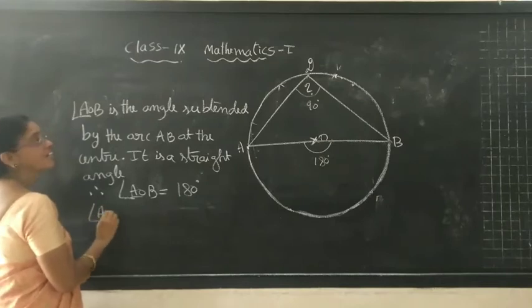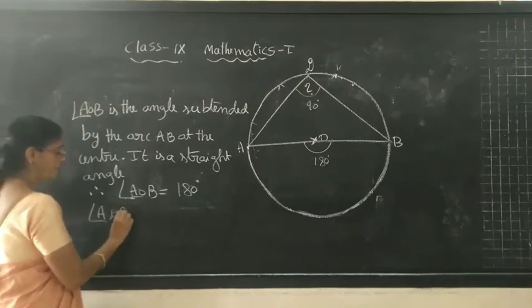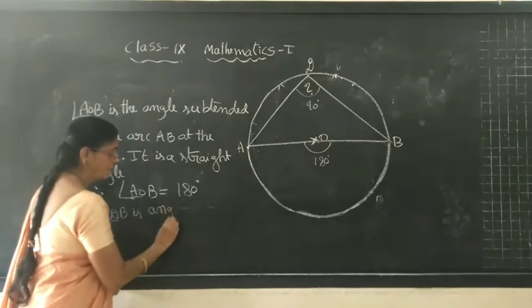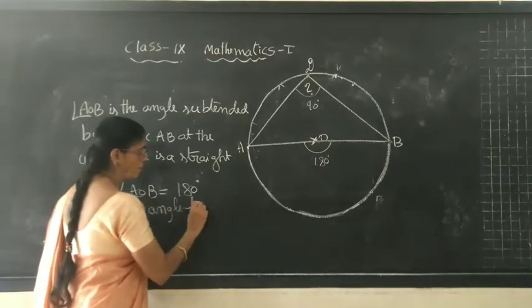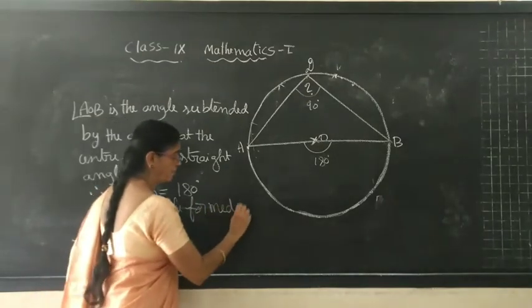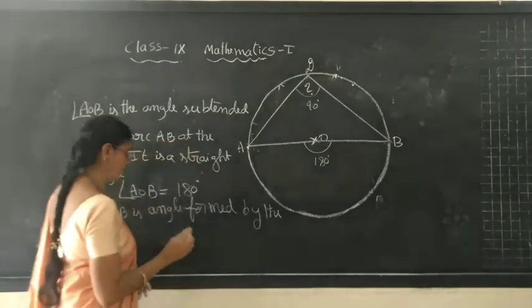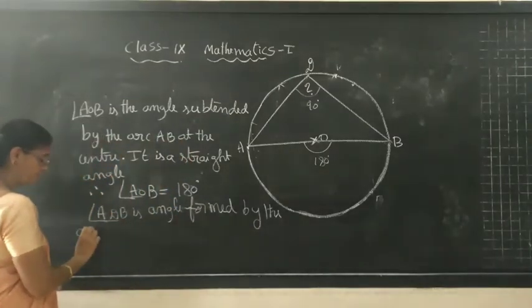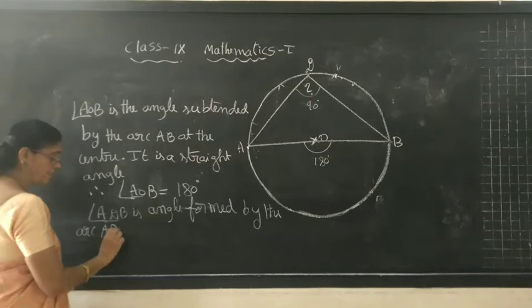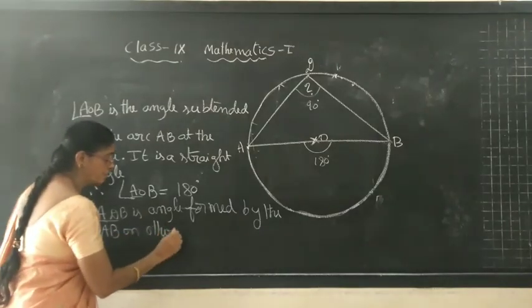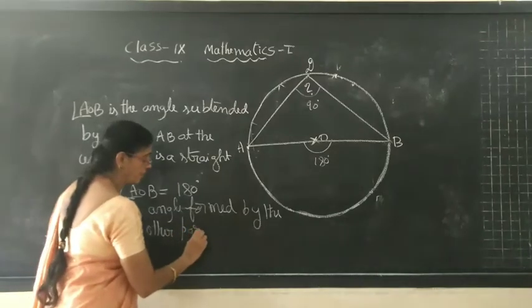Angle ADB is the angle formed by the arc AB on the other side of the circle, the other part of the circle.